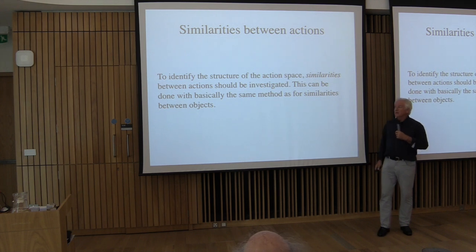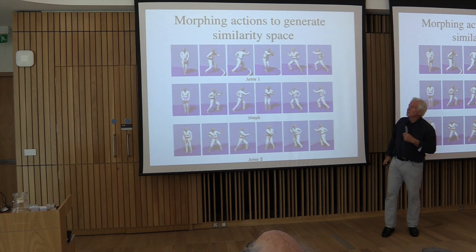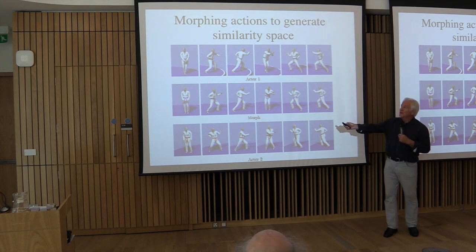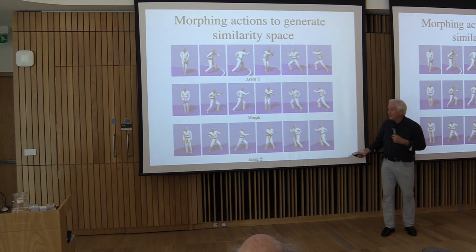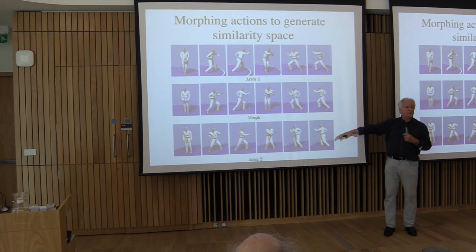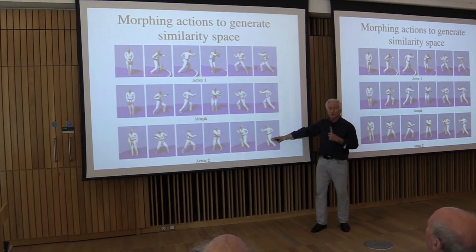And again, similarity of actions should be investigated to find the structure of action space. You can do this in the same way as you studied similarities of colors in the Munsell chips and so on. So here's one example from, I think, a work of Giese and Lappe. You have one karate movement that you have filmed and another karate movement, and then you can form a morph of these actions, and then you can ask a karate expert if this in-between movement belongs to that category or that category.